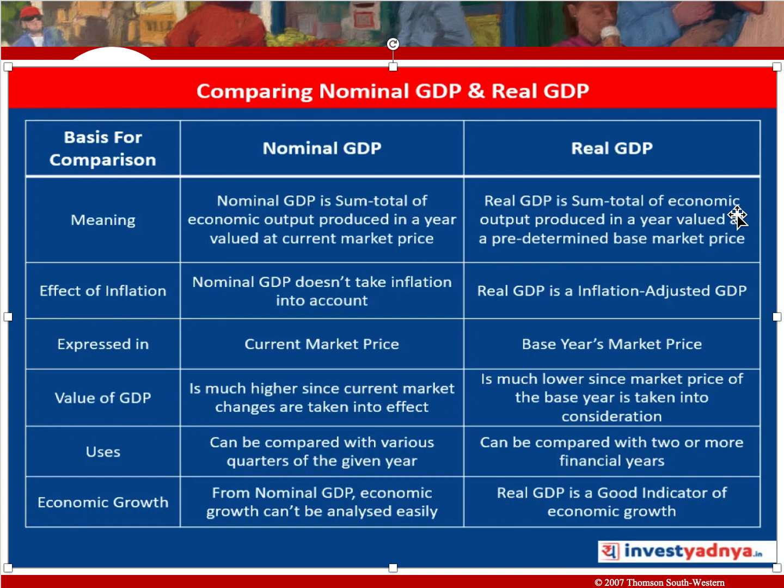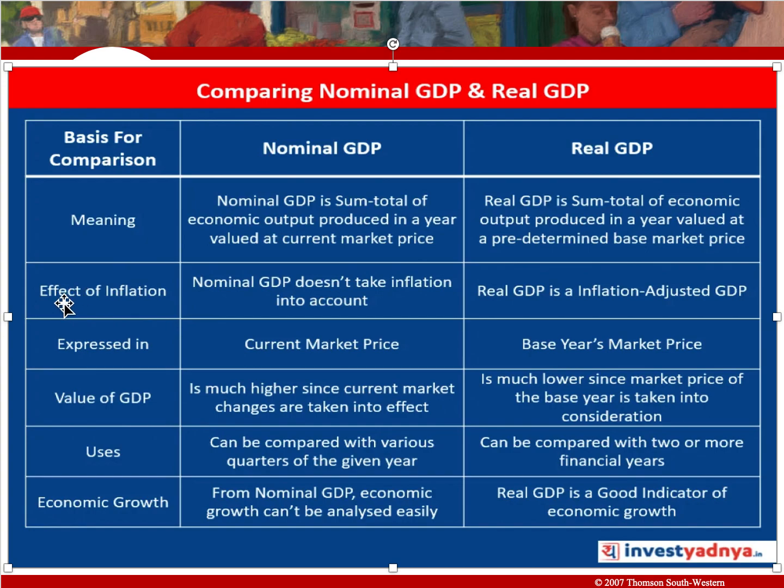So we would expect nominal values and real GDP values to be different, because this one is the current year, and this one is compared to the base year that we refer to, a base year in this context.